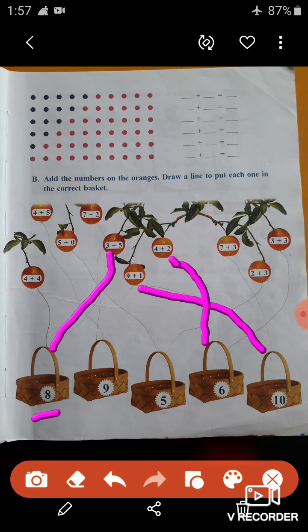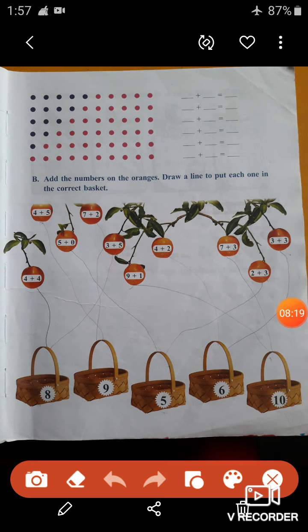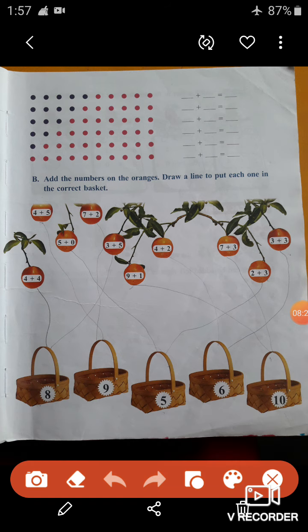Okay. Now the next one, 7 plus 3. So students, 7 plus 3 equals 10. You have to draw a line here. Now the next one, 2 plus 3. So students, when we add the numbers 2 and 3, we get the sum 5.